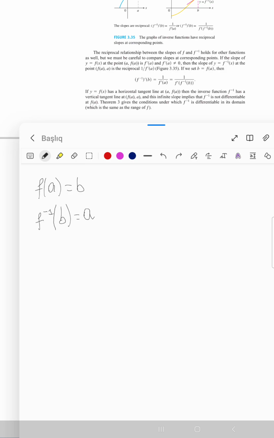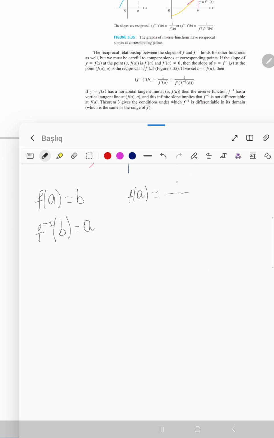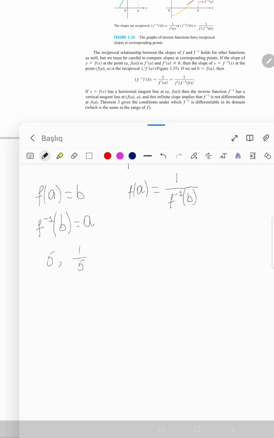Now, it is also obvious that f(a) equals 1 over the inverse function. For example, if we have to find the inverse of 5, we know that it's 1 over 5.